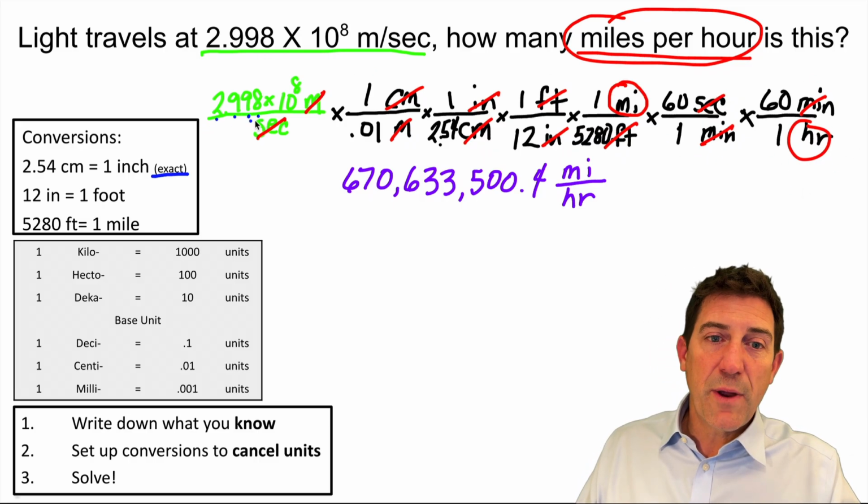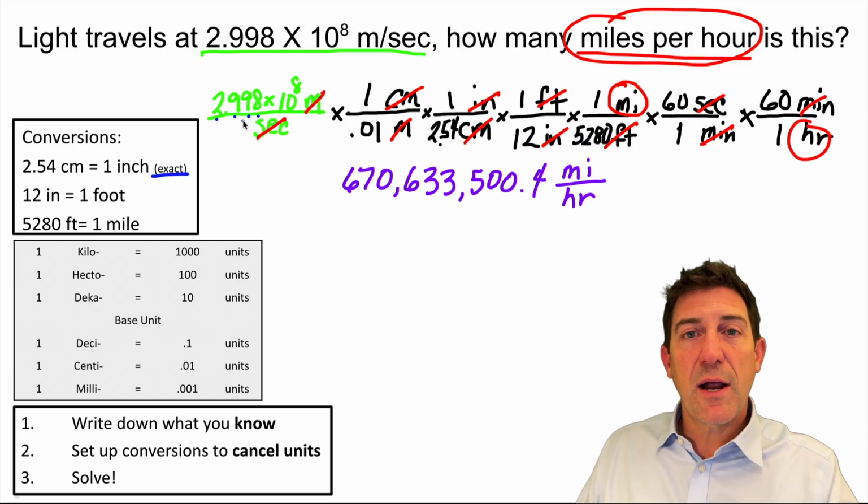So the only place where we had to count significant digits was our number at the beginning, and there were 4 significant digits. So I get to have 4 significant digits in my answer. There's 1, there's 2, there's 3, and there's 4. I always look at the next one to see if it's a 5 or greater to round this up. It is not.